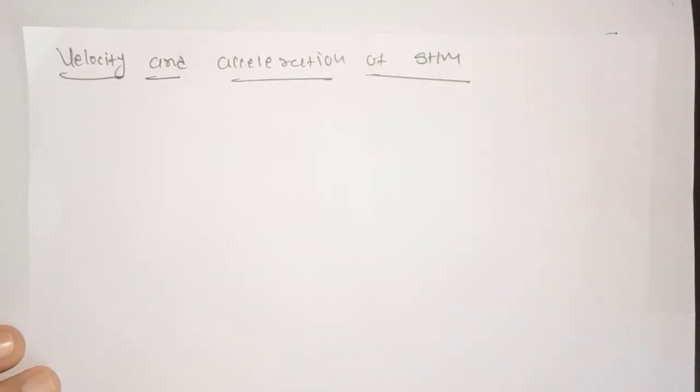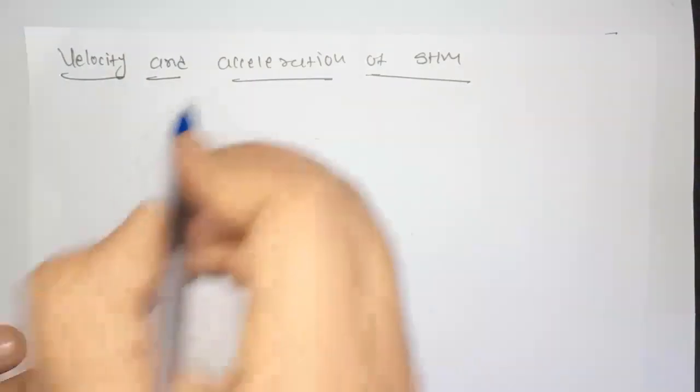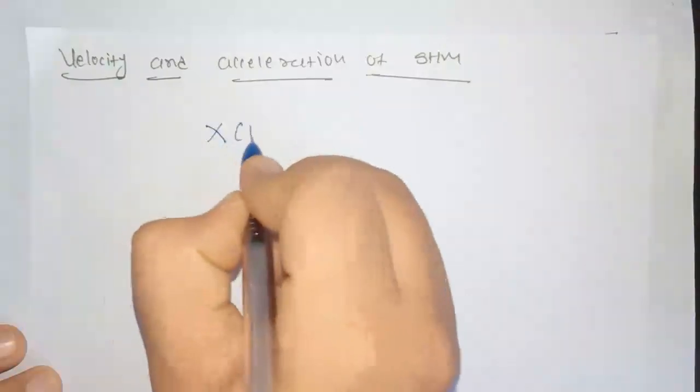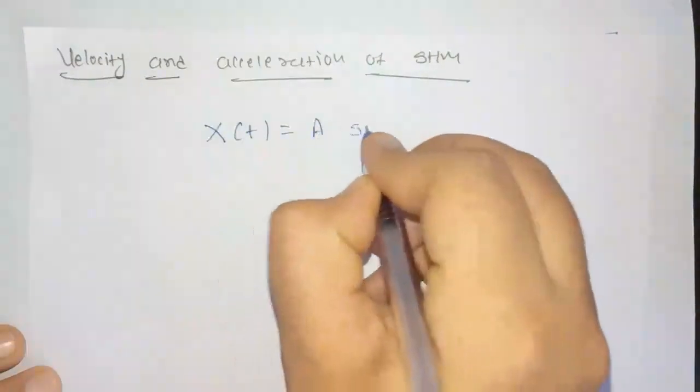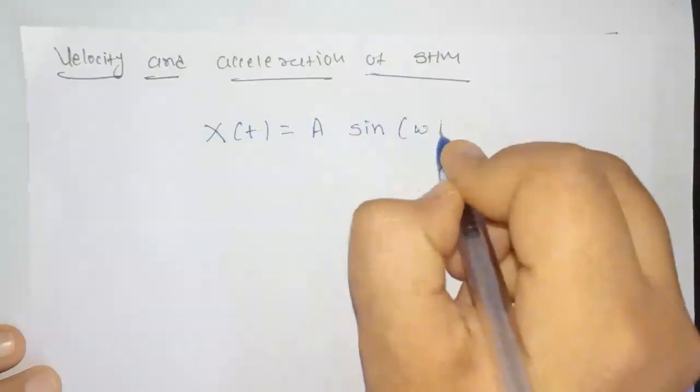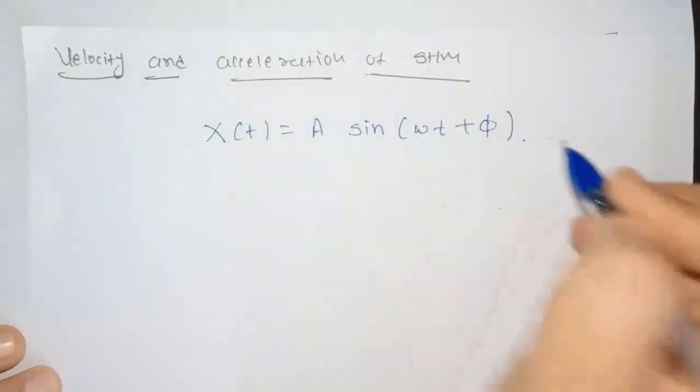Now let us see the velocity and acceleration of SHM. We know the position equation for a particle executing SHM is given by A sine of omega t plus phi.